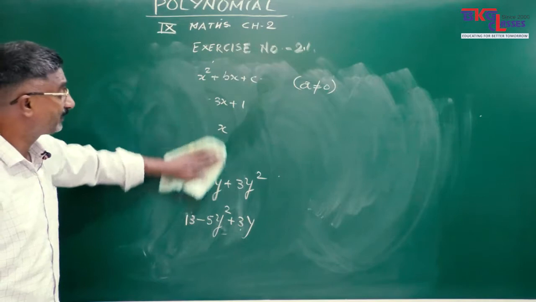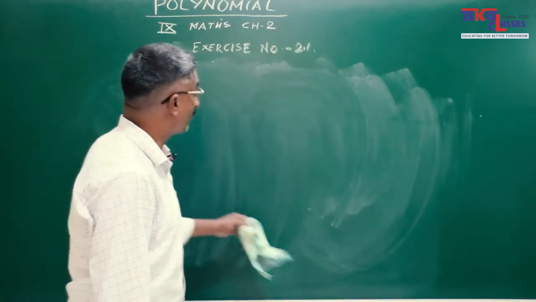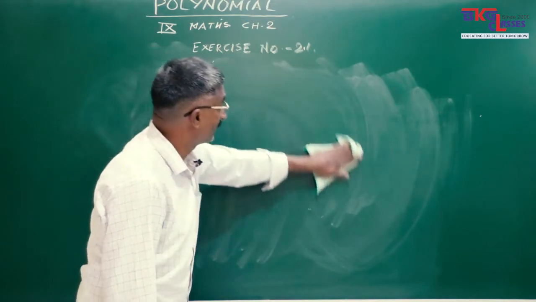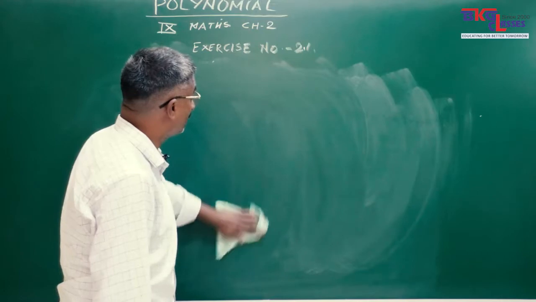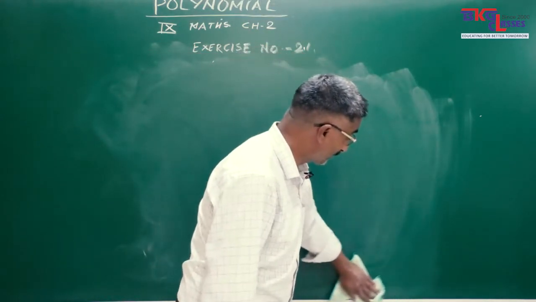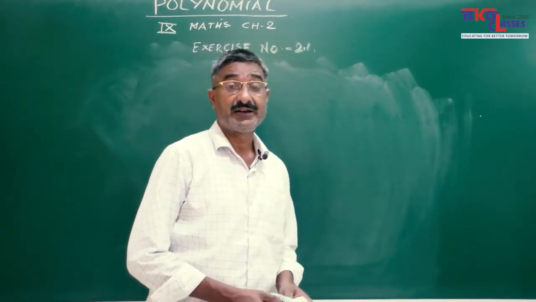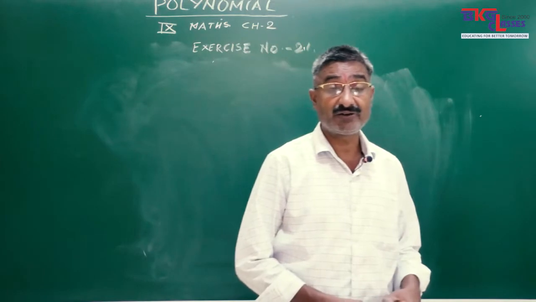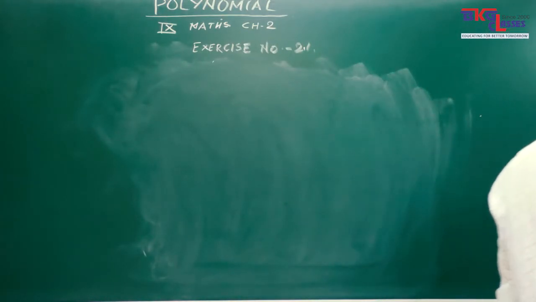The same thing applies to cubical equations, but the coefficient of the highest power should not be equal to 0, otherwise it will convert into a lower order equation. That is, if it is quadratic, it will be converted into constant or linear. So you have to keep that in mind.